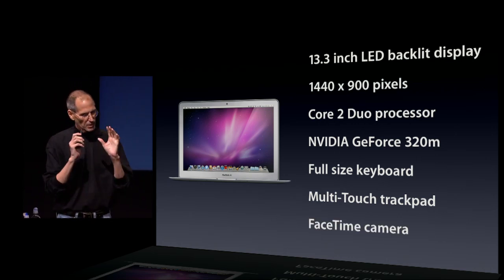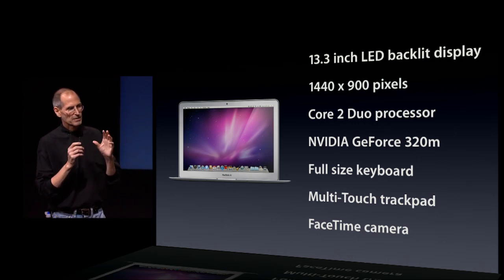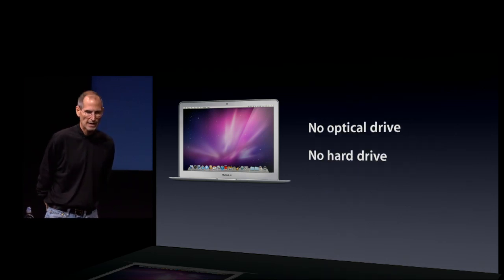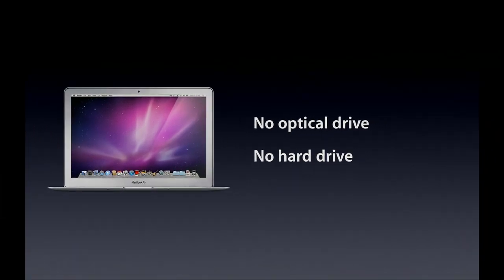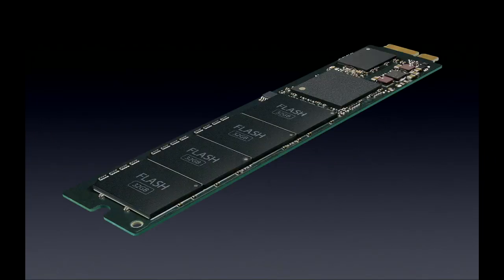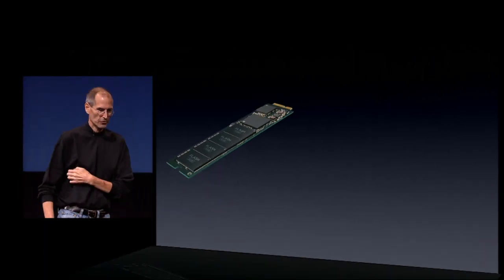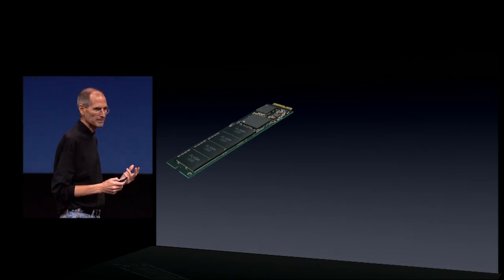Now, just as interesting as what it's got is what it doesn't have. There is no optical drive, and there is no hard drive. We have gone to flash storage, complete solid-state storage. Now, why do we do this? Because we know the benefits from the iPad.